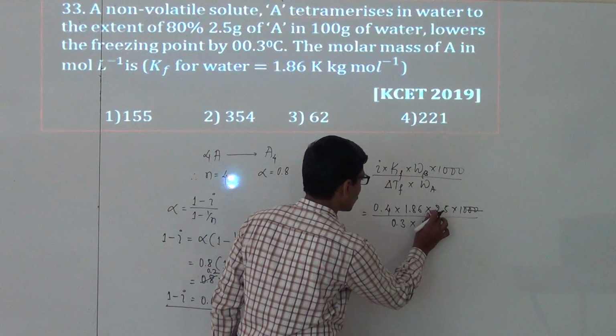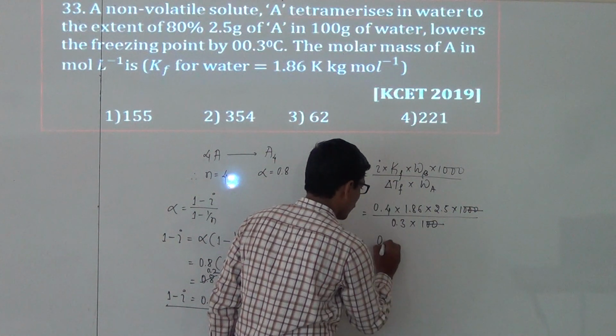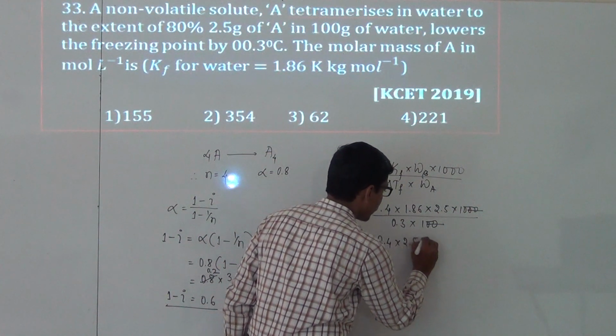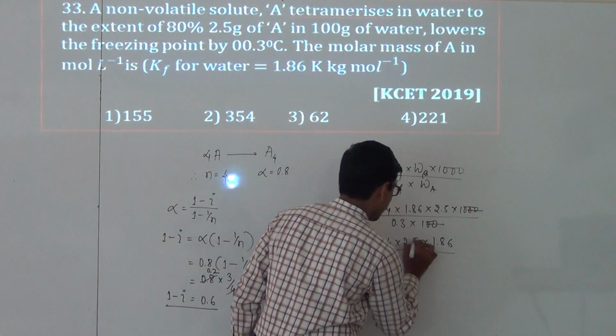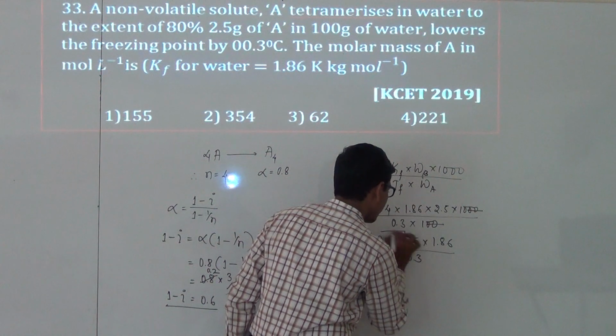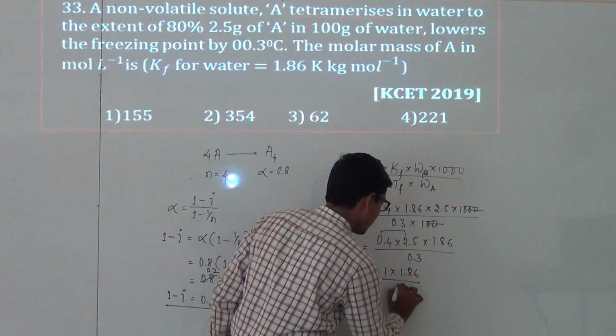The 2.5 and 100 cancel with the 1000 to leave 0.4 into 1.86 divided by 0.3 into 10.